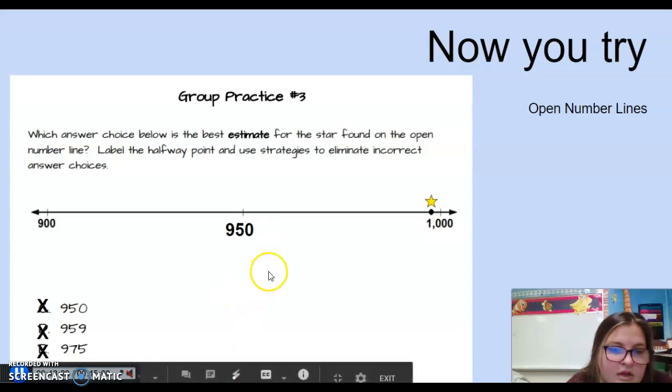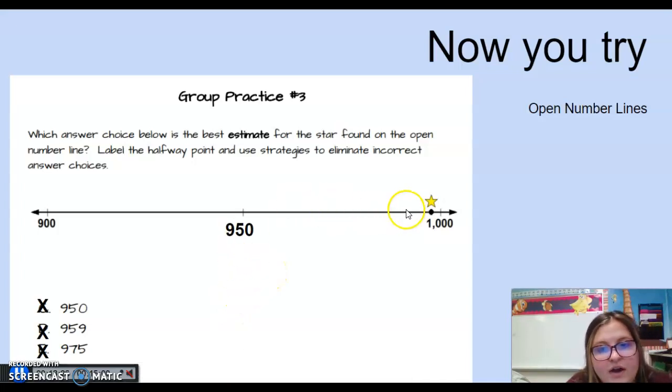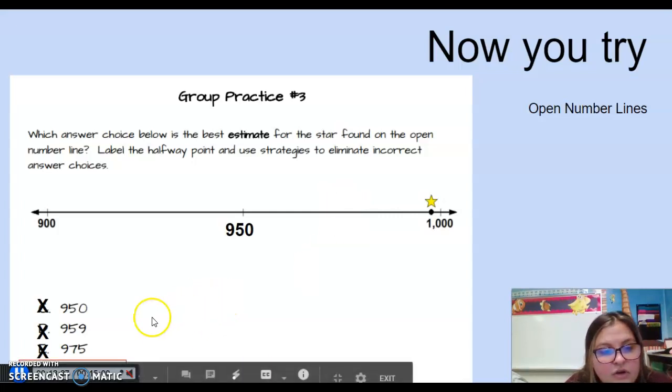And then, I know you guys can't see it, but our next answer choice said 975, okay? And that one can't be true because 975, like in the last one, would be right here. Okay, and then our last answer choice is 995. 995 is going to be right here.